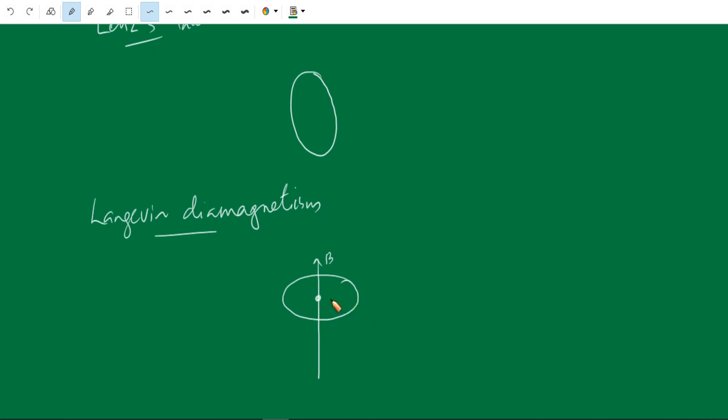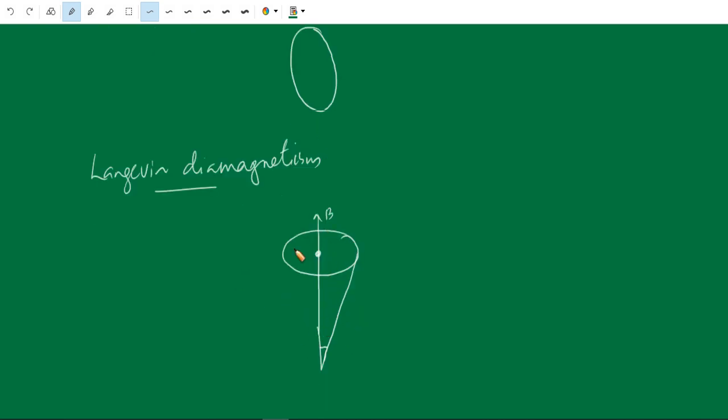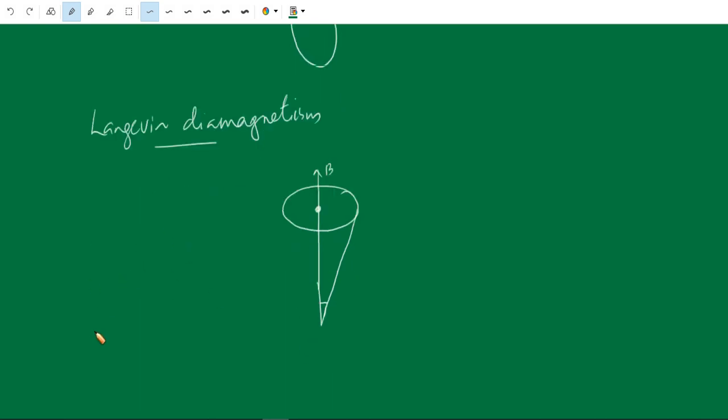The plane of motion of the electron precesses around the magnetic field. This precession is called the Larmor precession.